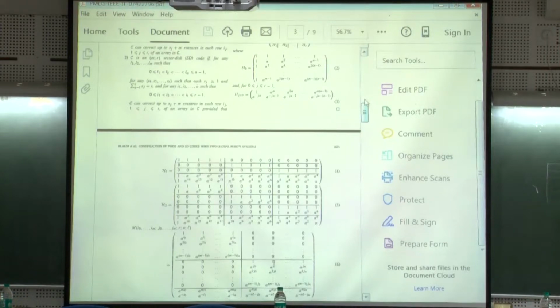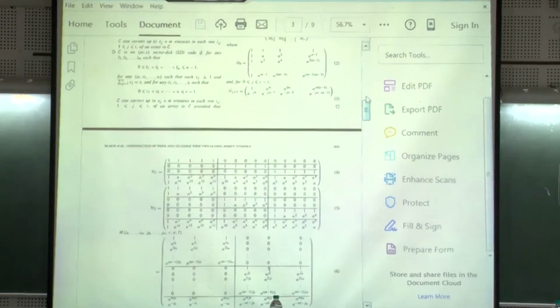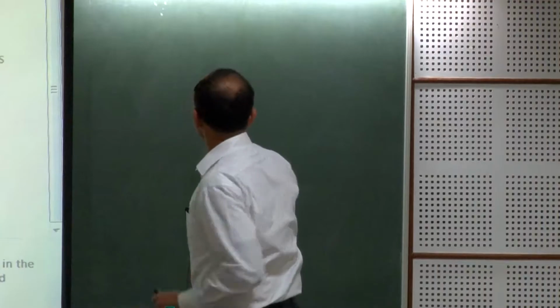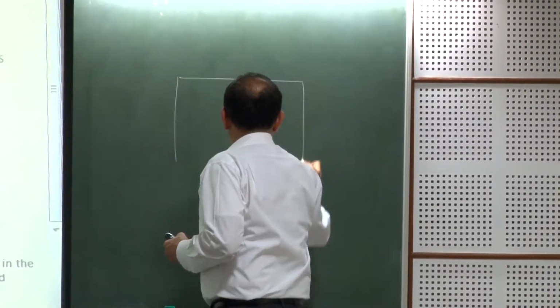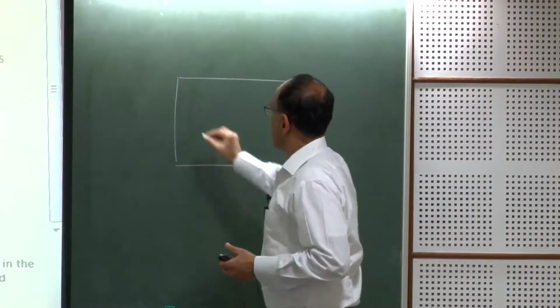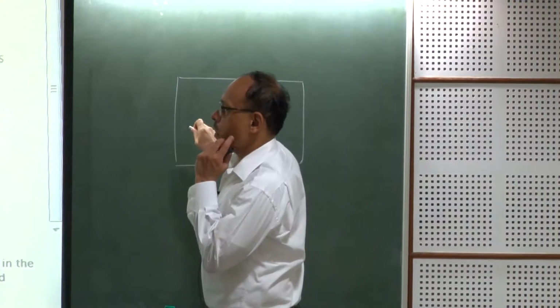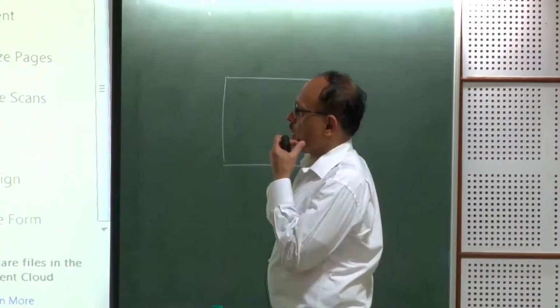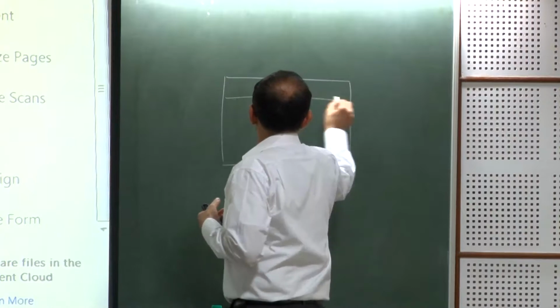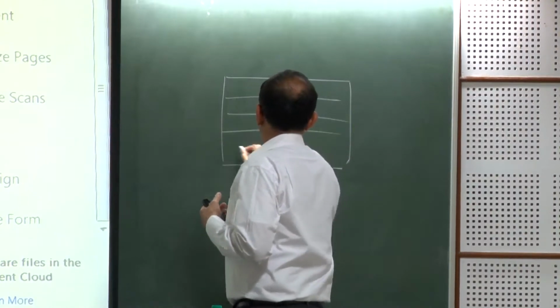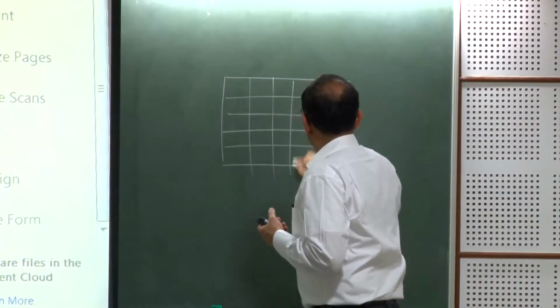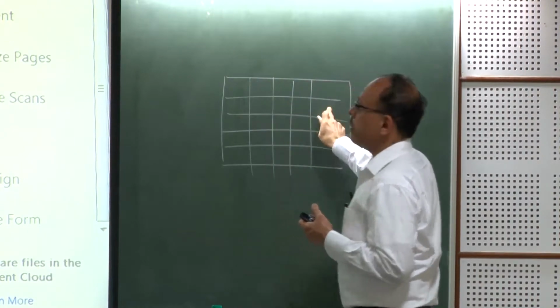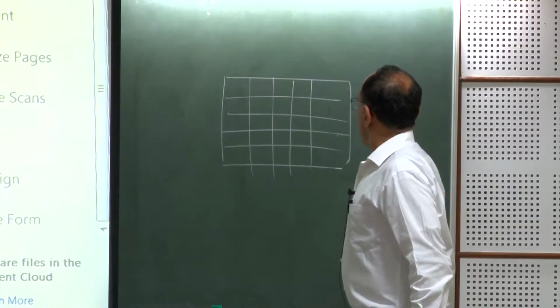All first rows. Maybe I can explain this using a simple diagram here. I'll now write the code as an array. This is how much you need, five.